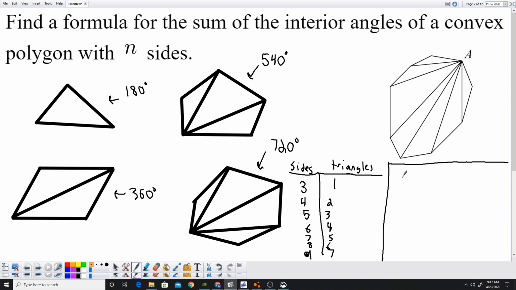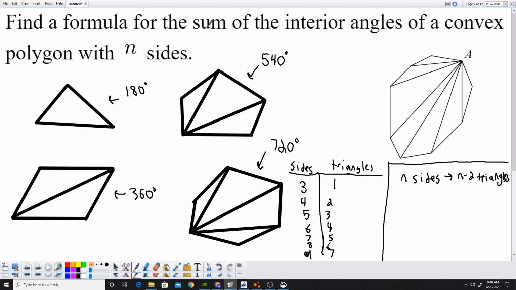So n sides produces n minus 2 triangles. And the interior angles of each of those triangles sum to 180.